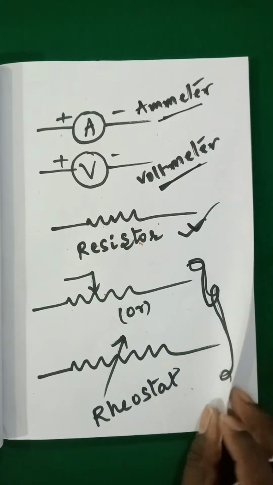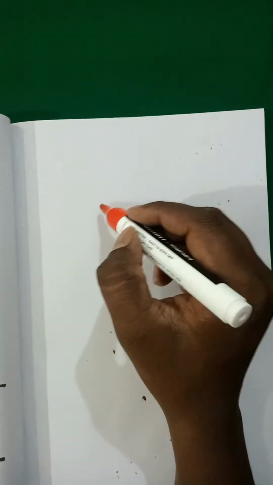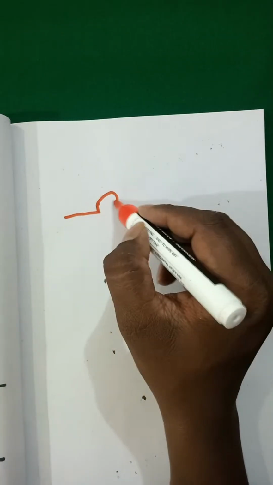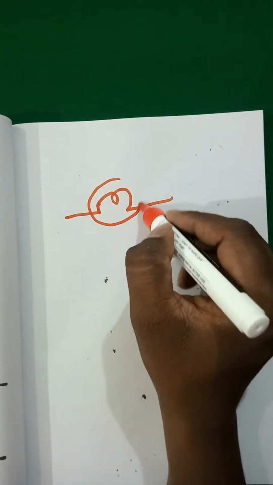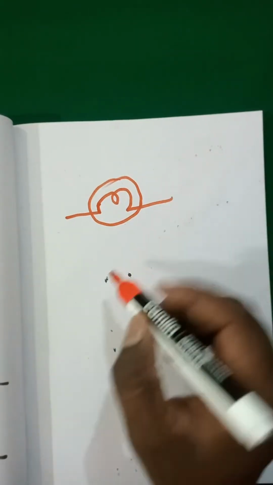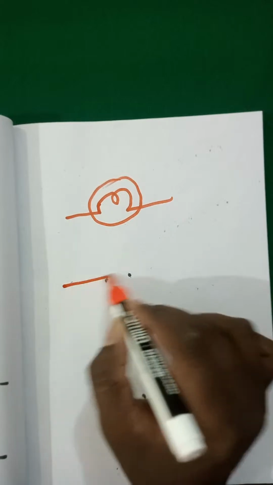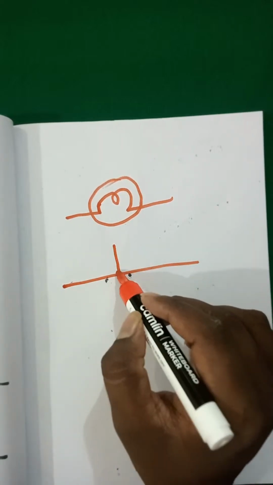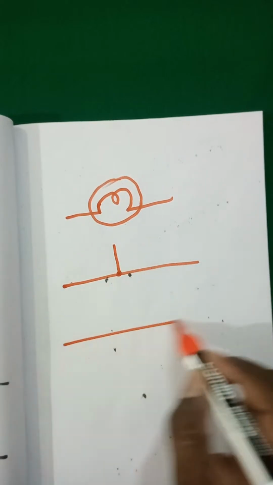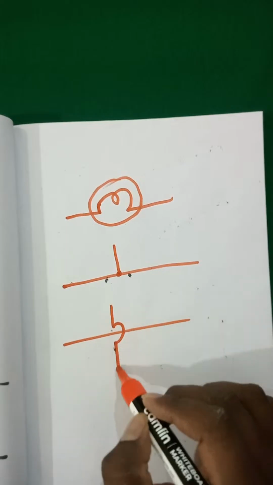And next one we can say the bulb is there. This is a bulb, the symbol of the bulb. Next one, wire joining and wire crossing.